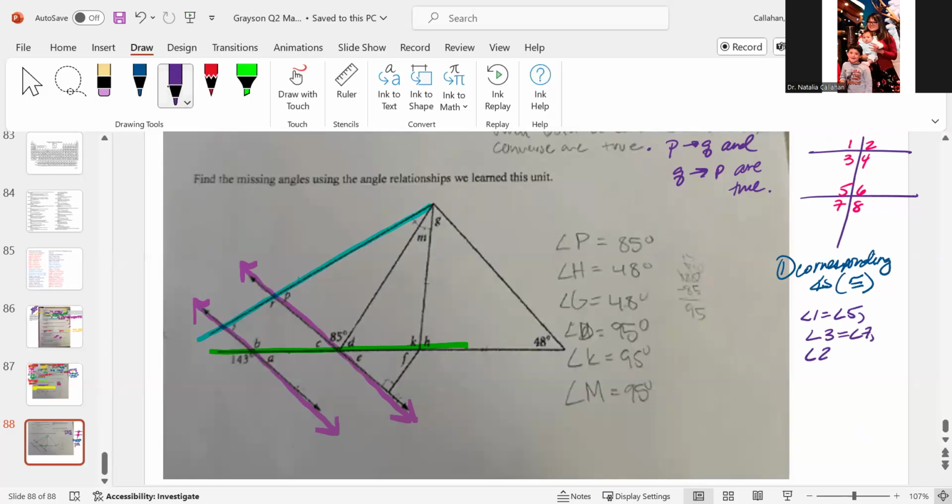Those are like angle 2 equals 6, angle 4 equals 8, and I think that's about it. Yeah, okay. That's number 1.